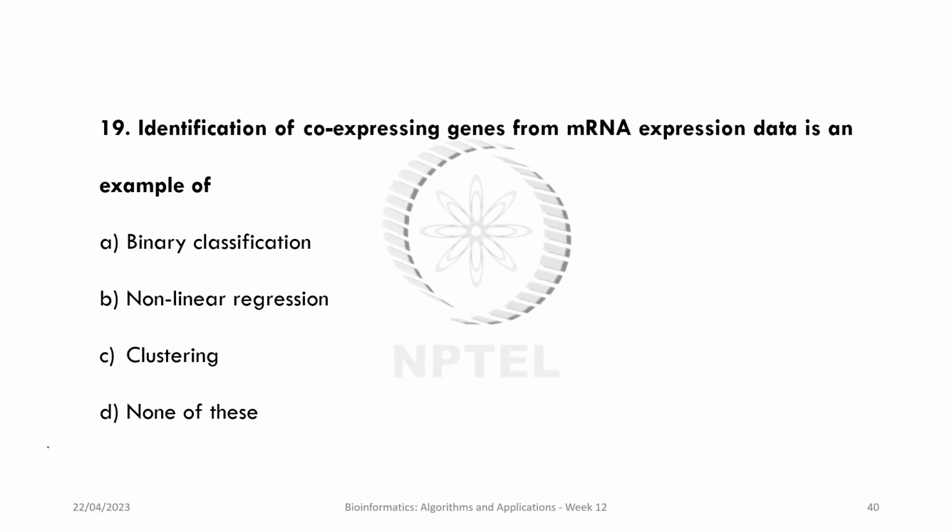Question 19. Identification of co-expressing genes from mRNA expression data is an example of binary classification, non-linear regression, clustering, and none of the above.